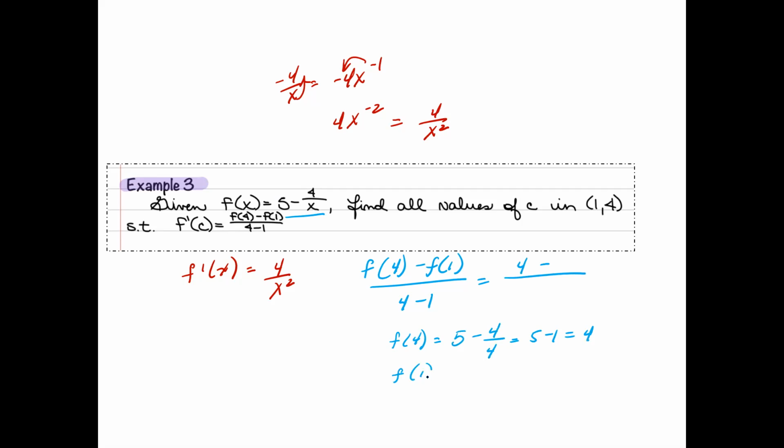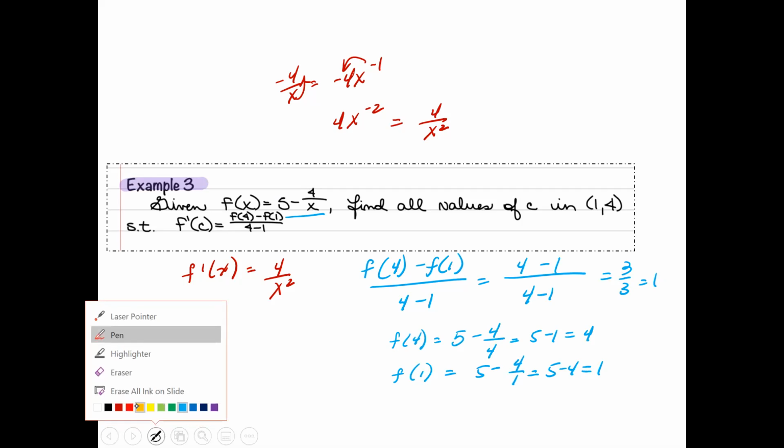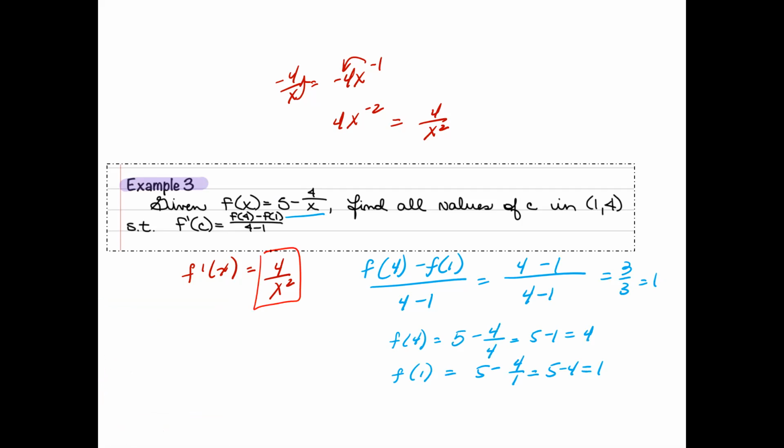Then I'm going to do f of 1, so that's 5 minus 4 over 1, which is 5 minus 4, and that is a 1. Well, it's 3 over 3, so that's going to give me a 1. And so then I'm going to go ahead and set the two equal to each other. So 4 over x squared equals 1 over 1. Cross multiply, 4 equals x squared.